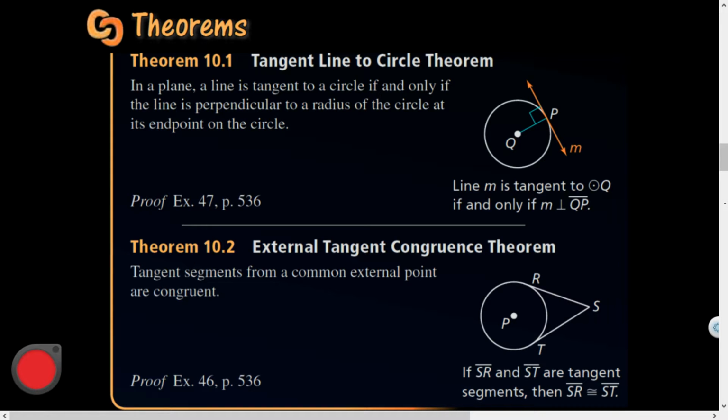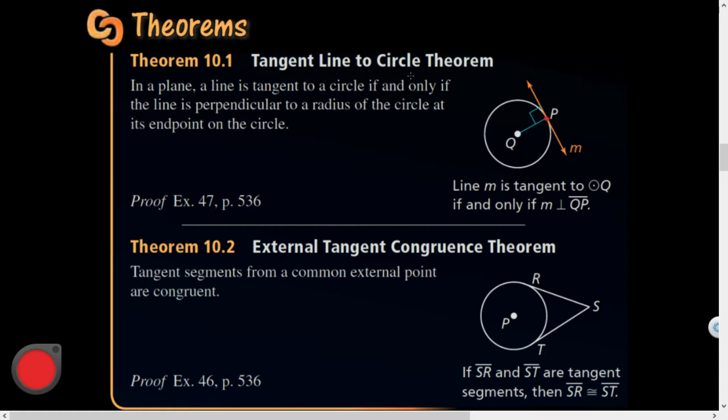All right, now, big idea here. The tangent line to a circle theorem. In a plane, a line is tangent to a circle if and only if, so this is biconditional, the line is perpendicular to a radius of the circle at its endpoint on the circle.